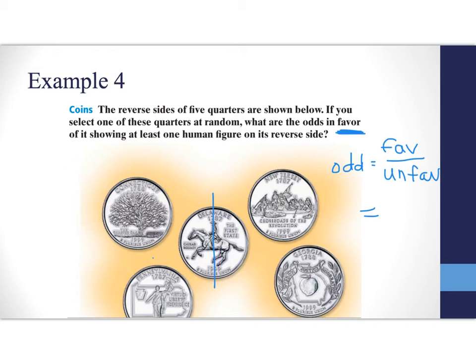I've got 1, 2, 3 that have human figures, or these are the 3 figures that are favorable, and I'm going to divide that by the figures that do not have human figures, so that would be 1, 2, or these are my unfavorable events. So we would say that our odds are 3 to 2, and remember, you can also write that as 3 to 2. So there's 3 favorable outcomes for every 2 unfavorable outcomes.